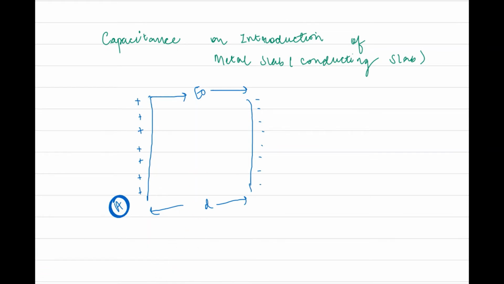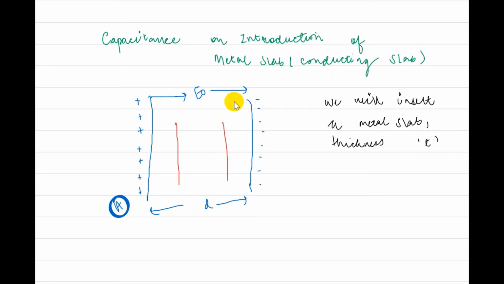We'll insert a metal slab of thickness T. So introducing a metal slab, the thickness is T.